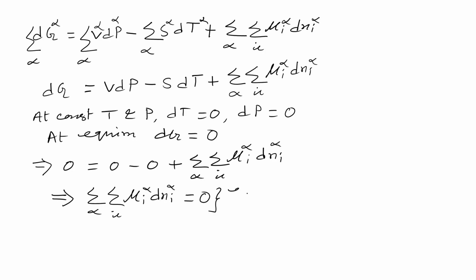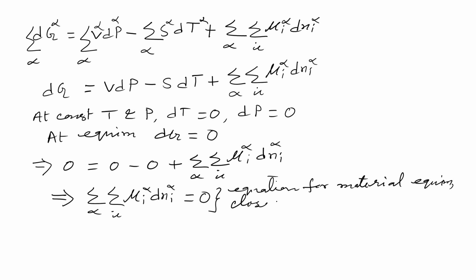So this is the equation for material equilibrium. Material transport was there, and now it has reached equilibrium. Material equilibrium, and what are the other conditions?